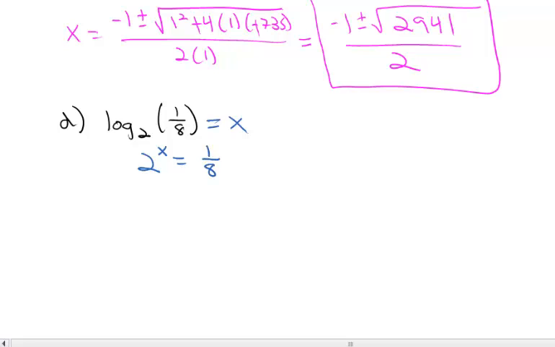And this looks just like one of the exponent problems we saw earlier in the lesson. 2 to the x equals 2 to the, well, 8 is third power. We make it negative so that we get the fraction. And x, or the log base 2 of 1/8, is equal to negative 3.